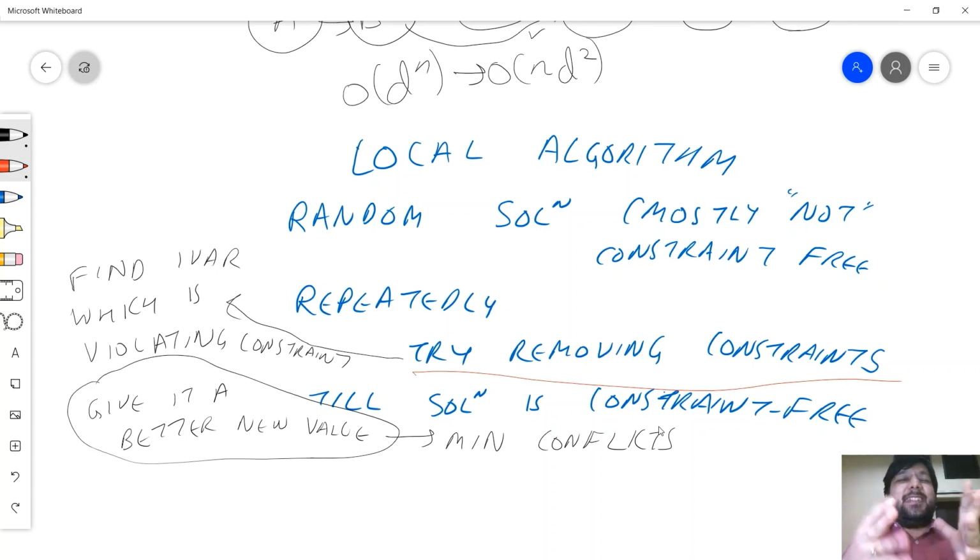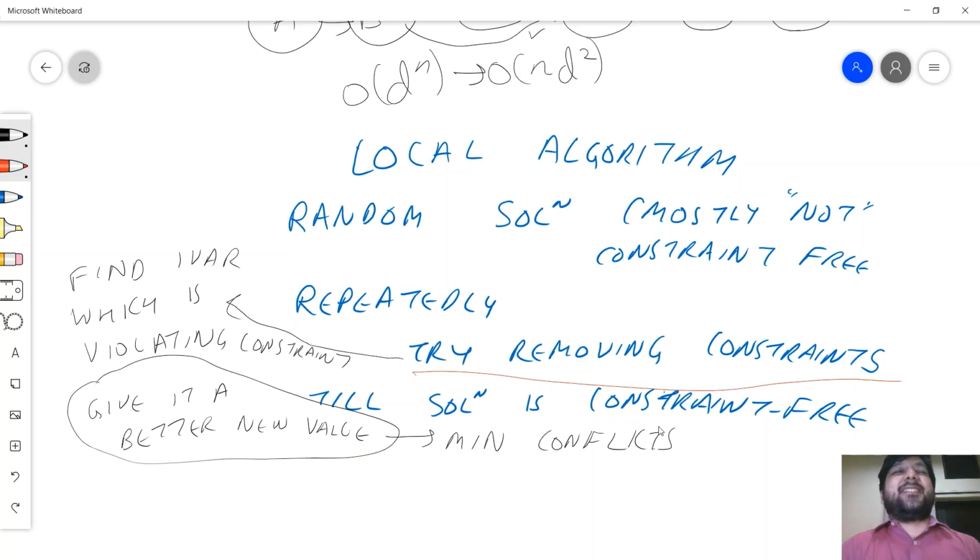This unfortunately also has an element of learning, as you might call it, not in a very obvious sense: how do I identify which is that terrible constraint which is violating? And why am I telling you that? Because initially I started off with CSPs being so popular that they can easily solve so many variables.